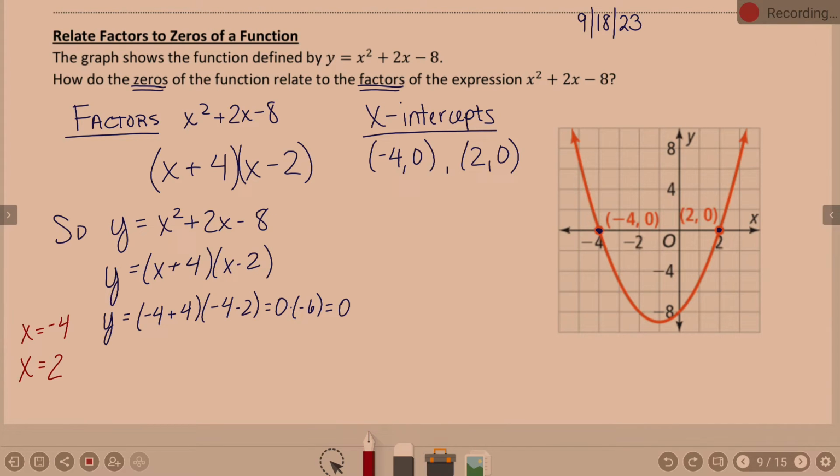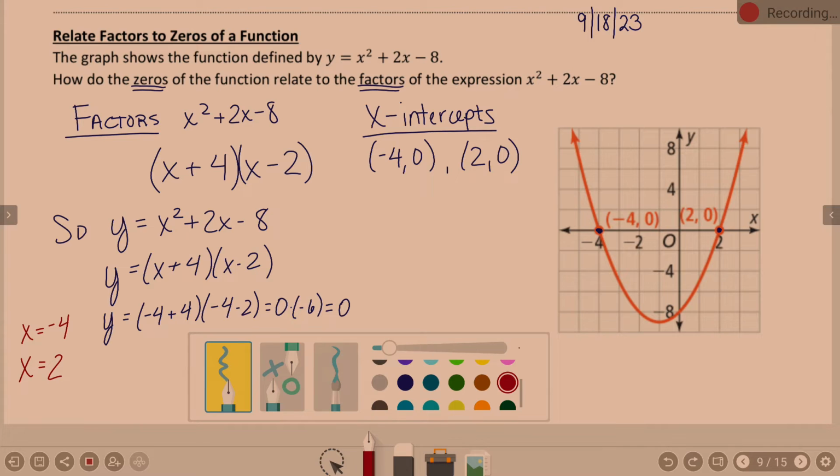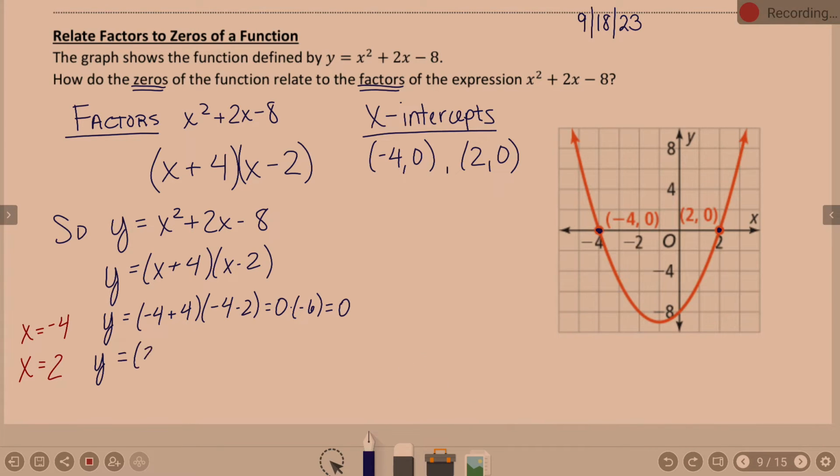If I put x equals 2 in, then it's y equals 2 plus 4 and 2 minus 2. So if I put 2 in for x, what do we get? 2 plus 4 is 6. 2 minus 2 is 0, and 6 times 0 is 0, yes?